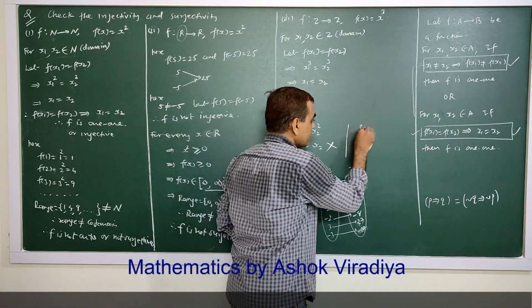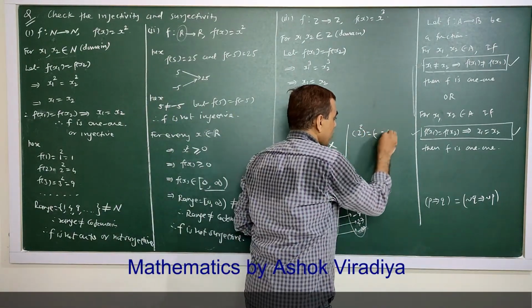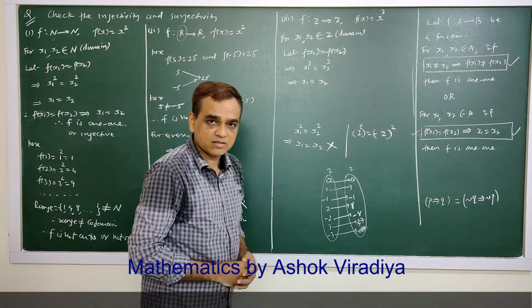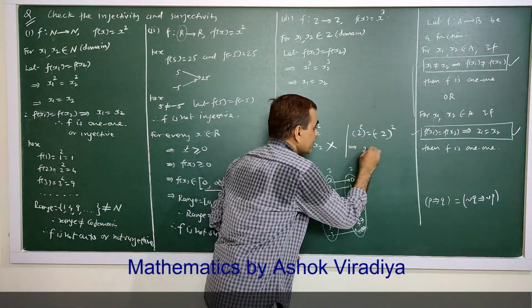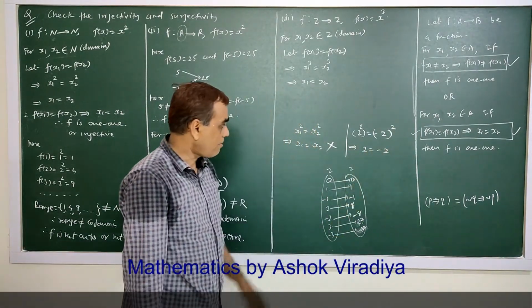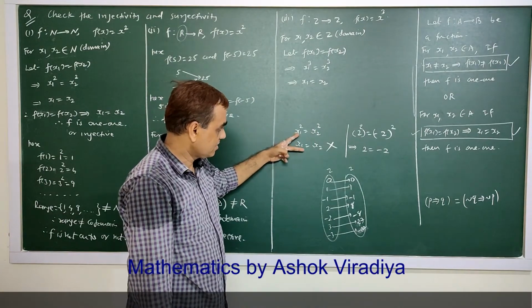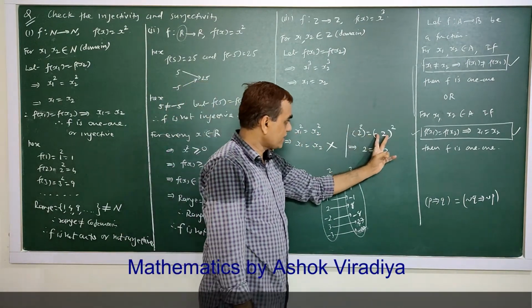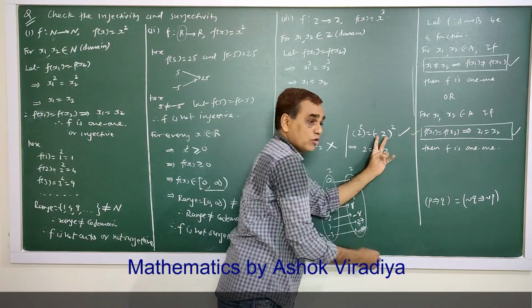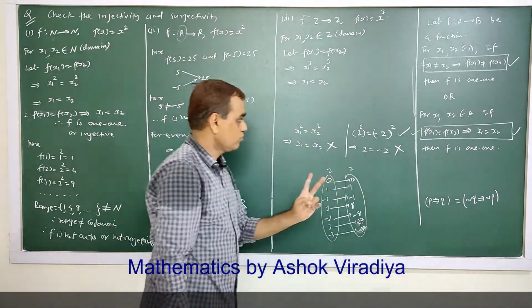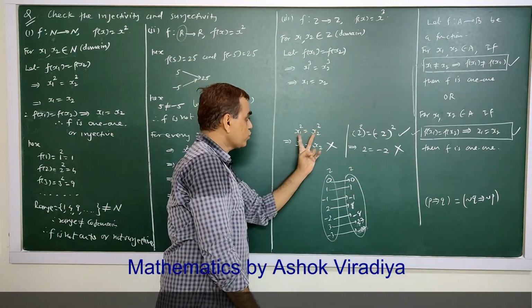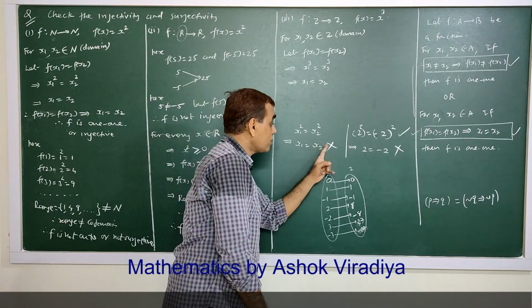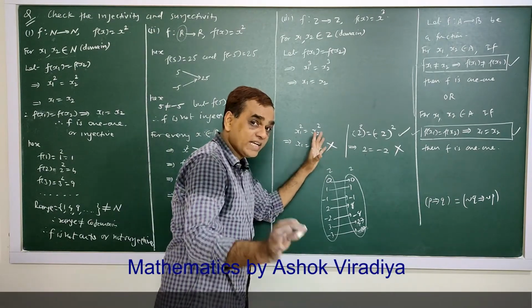2 square equals (-2) square, it does not mean that 2 equals -2. Compare with this statement. x1 square equals x2 square is true, but x1 equal to x2 is not true. Why?